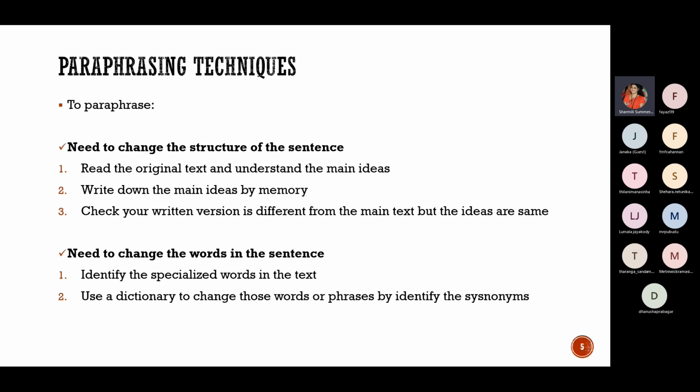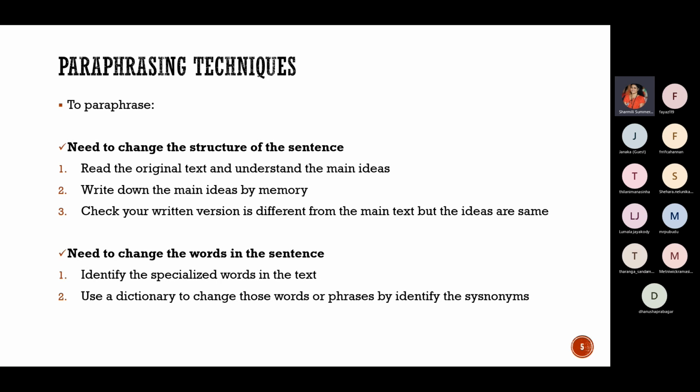So you read and you have the main idea, no? So by using your own words, you describe the idea. Then you recheck whether the words and the ideas that you have used are similar to the original text. If not, then you can use it in your article. We call this changing the structure of the sentence.